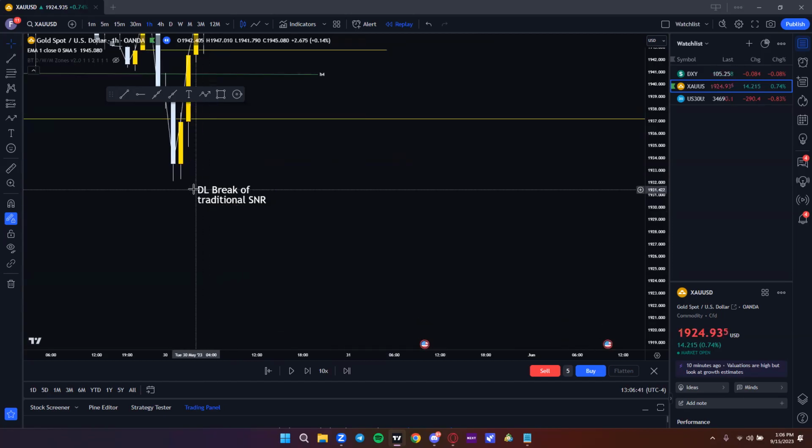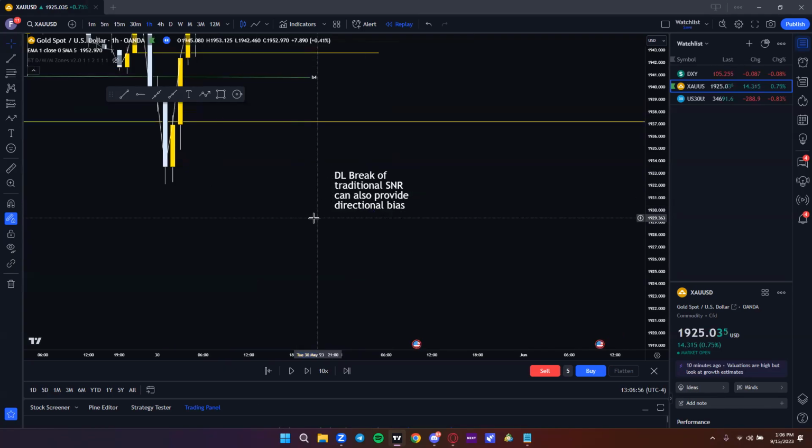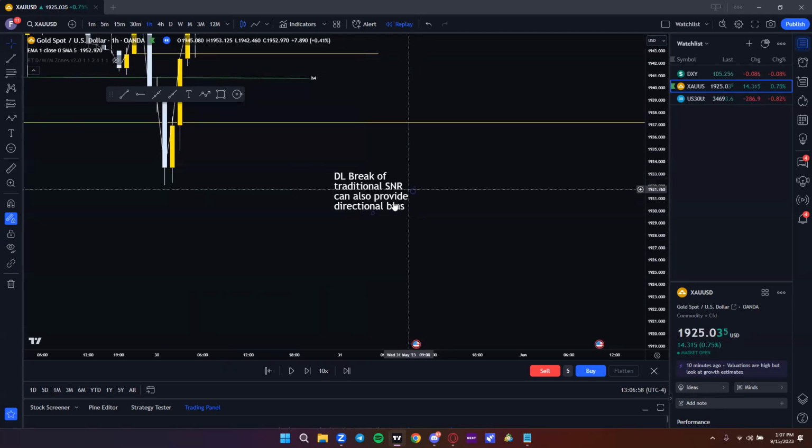So DL break of SNR can also provide directional bias. Okay, put that in your notes.